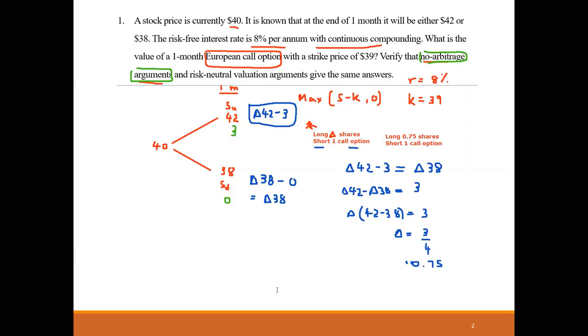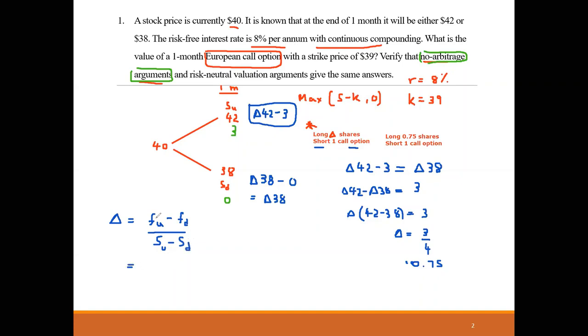Another way in which you can calculate this delta value is, you know that delta is also referred to as the ratio of the change in option price to the change in stock price. So you can take FU, the call price when it goes up, minus the call price when it goes down, divided by the stock price if it goes up, minus the stock price if it goes down.